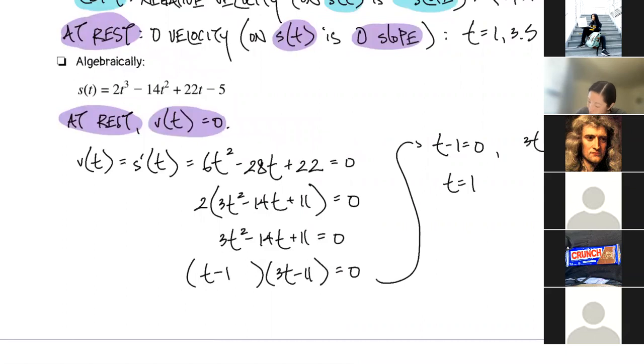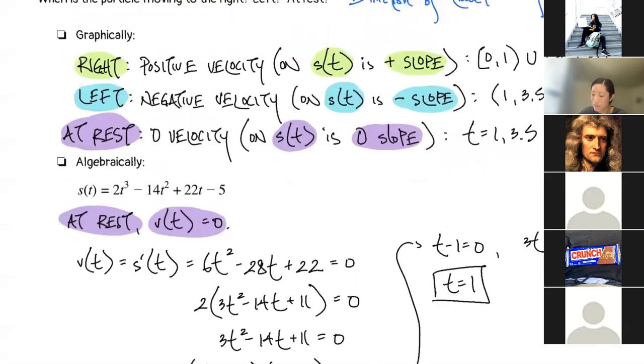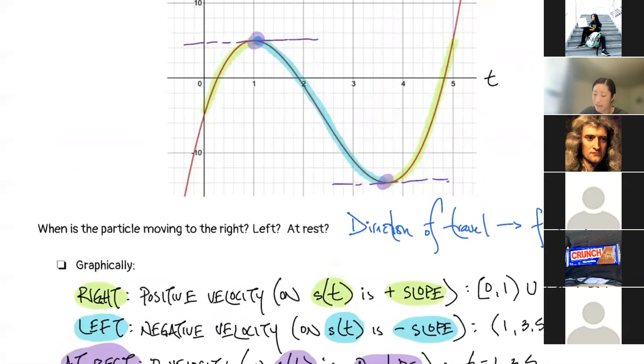Ah, this is nice. We've got t equals 1 as one of our answers, which makes sense because that's what we said from the graph, right? And that's where we had a slope that was horizontal, right?